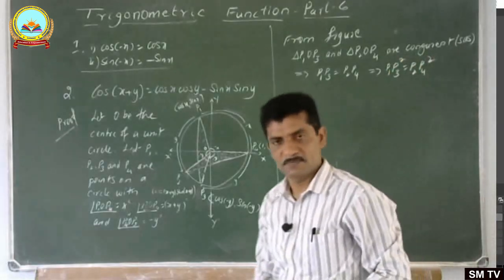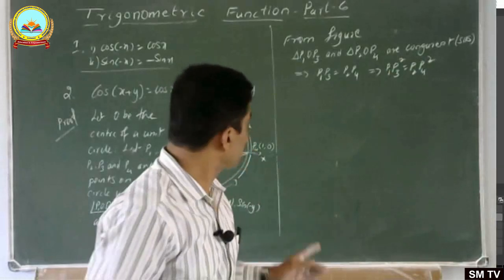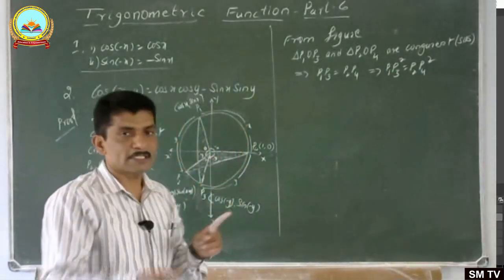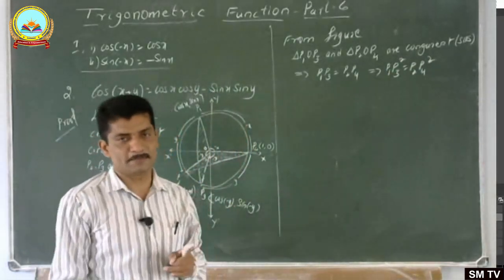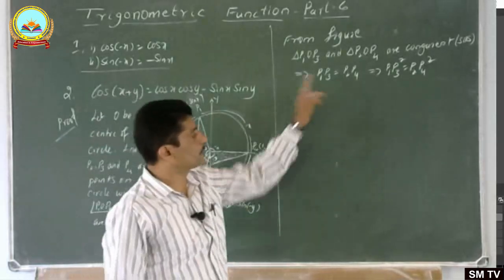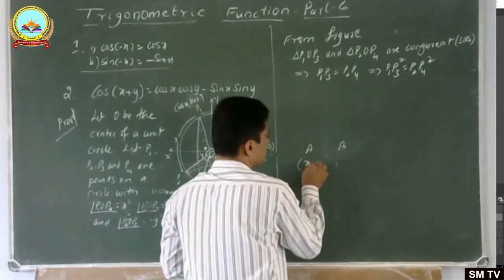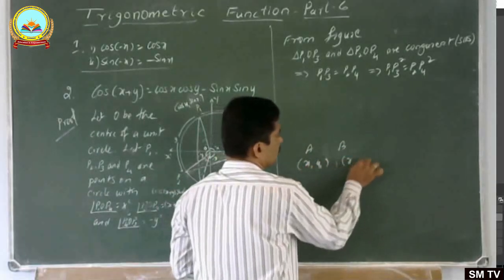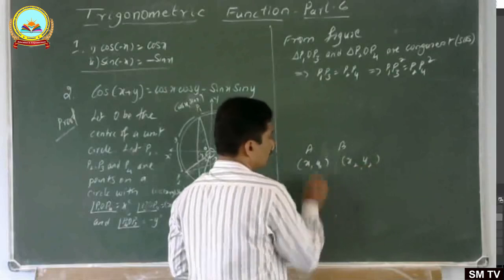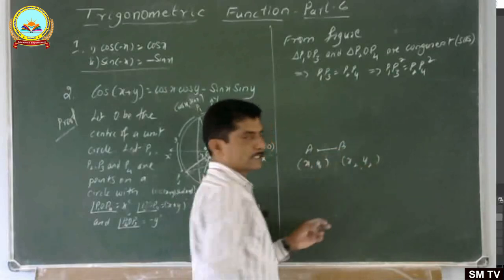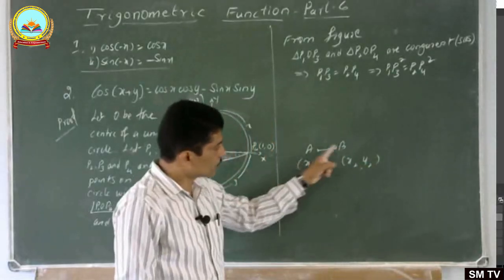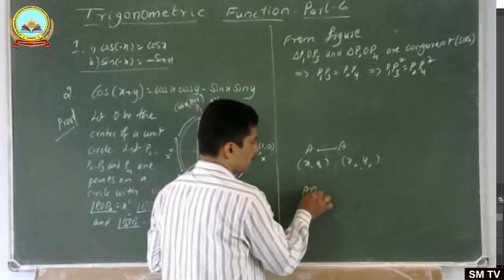It's clear? What are P1, P2, P3, P4? These are coordinates on the plane. Say A and B are points on the plane, A is x1, y1 and B is x2, y2. Then the distance between these two points on a plane is denoted by AB.